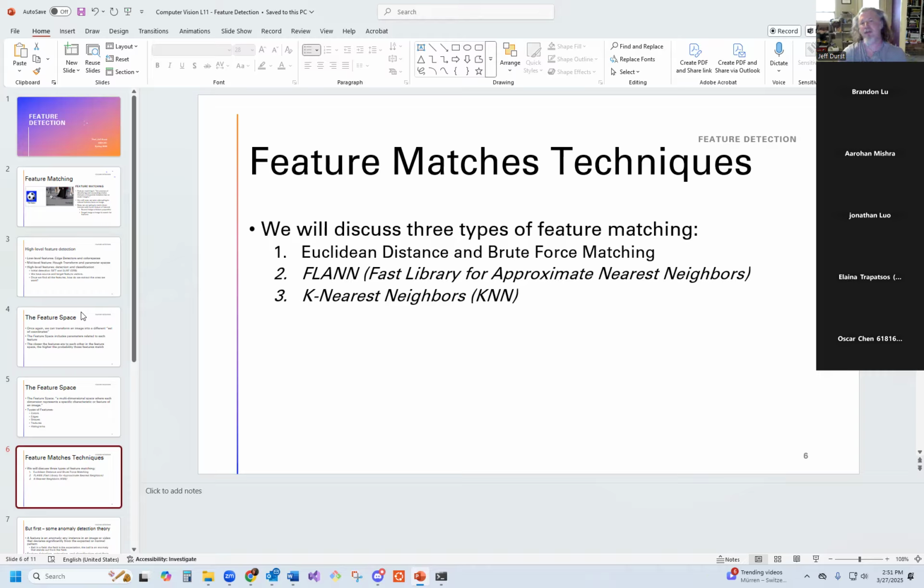And so the first of the three we discussed is this idea of Euclidean distance or brute force matching, where you just compare parameter by parameter between two vectors in a feature space, which is very, very slow, right? We talked about how it's a really good way to do it, in much the same way brute force is a really good way to do anything, so long as you don't care about processing time.